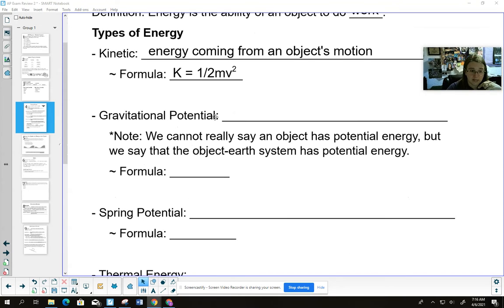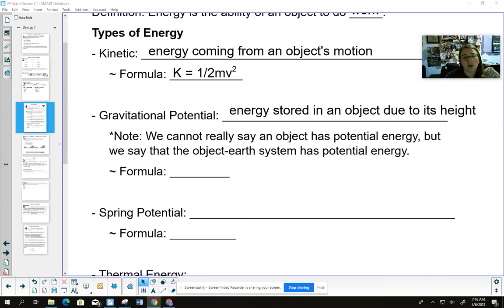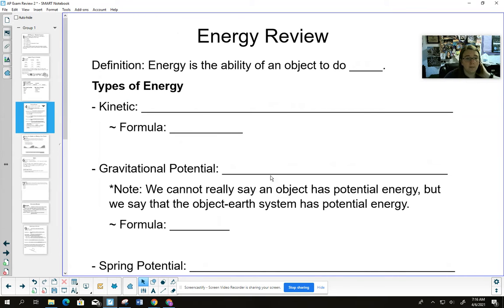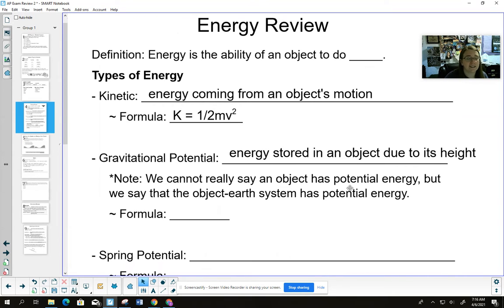We have gravitational potential, which is energy stored in an object due to its height. We're going to talk about this in the question that we're going to do here, but we cannot really say that an object by itself has potential energy. I don't really say that my phone has potential energy while I'm holding it up here. What we say is the object-Earth system, the phone-Earth system, does have potential energy stored in itself.